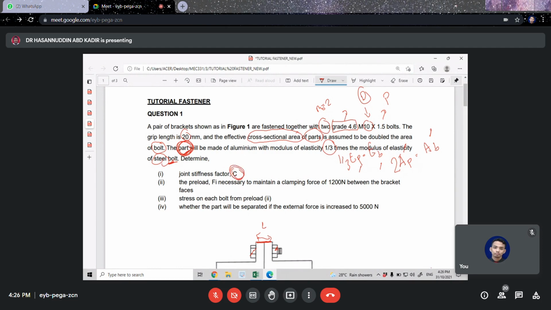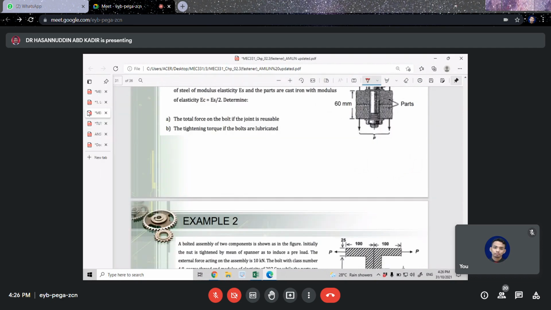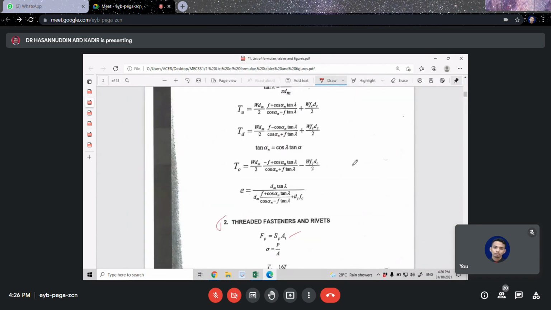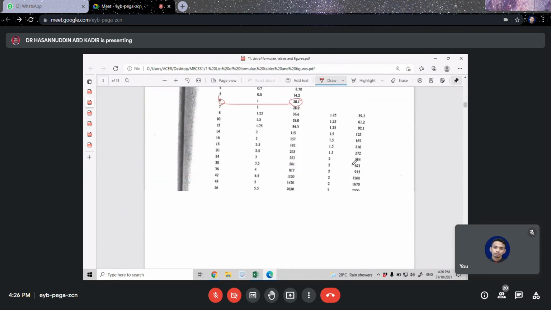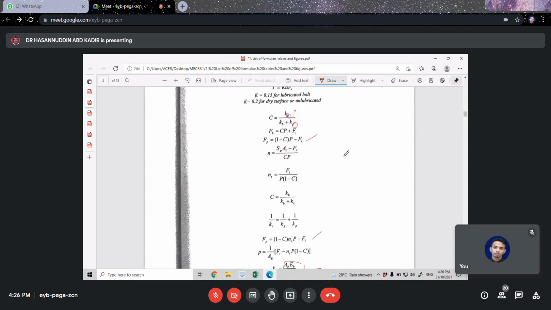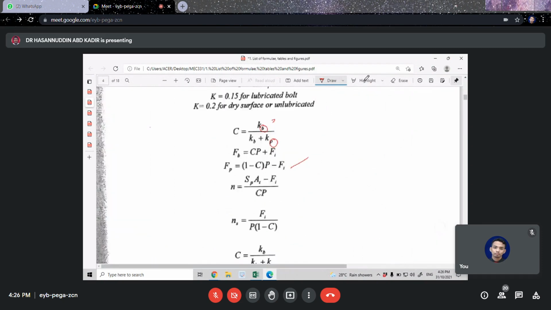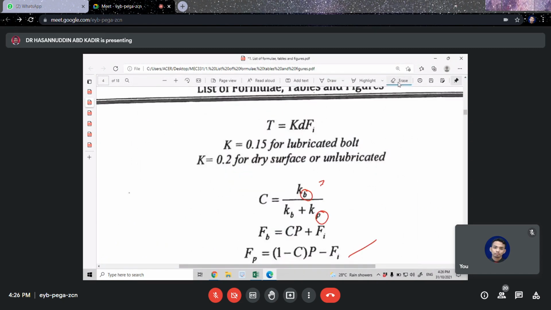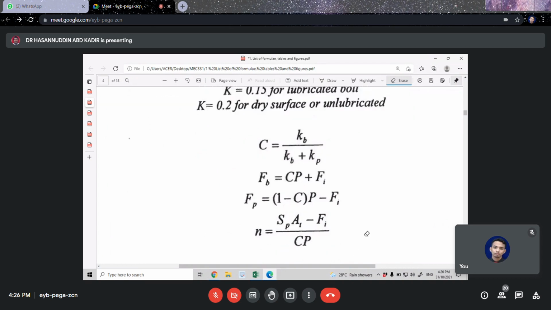So, if you refer back to the list of formula to find the stiffness, value of stiffness C. Okay, they give you C here. Okey.